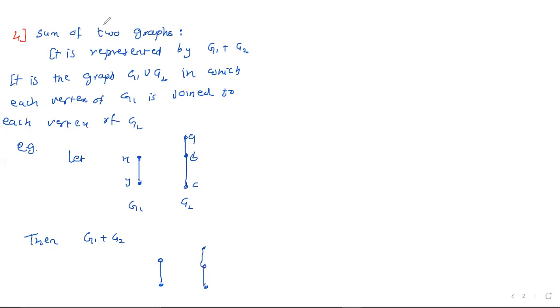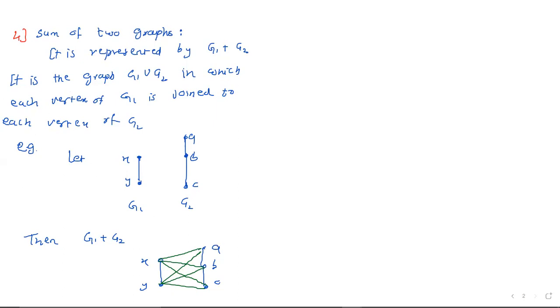In addition, you have to connect the vertices. This is XY and these are ABC. So we connect X to A, X to B, X to C, as well as Y to A, Y to B, Y to C. So each vertex of the first graph is connected to each vertex of the second with the help of an edge. In this way we get the graph.